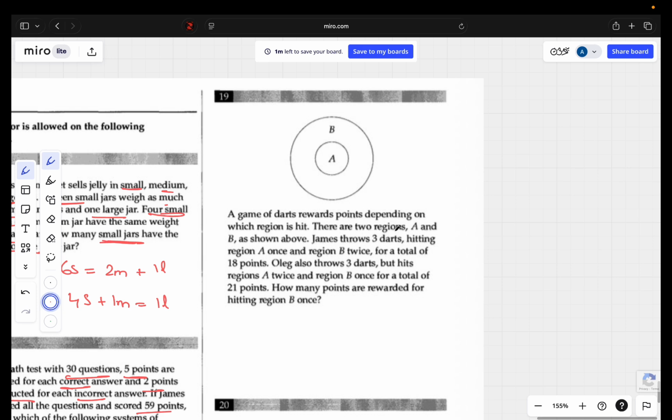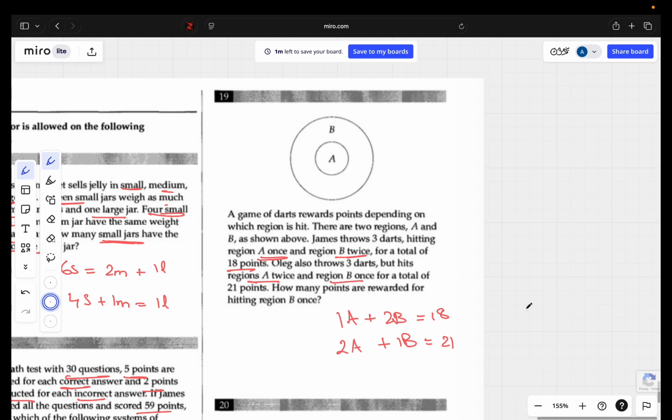Question 19. We have a game. It says to regions A and B, James throws 3 darts, hitting region A once and region B twice. So we can say 1A plus 2B. Total points is 18, so that will equal 18 points. And in the second attempt, he throws 3 darts. He hits region A twice and region B once, and that's going to equal 21.